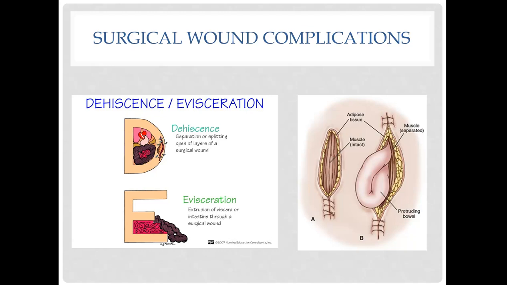On the picture on the right side, you see A, this is dehiscence. With dehiscence, the muscle is still intact, but these other layers have come open. Evisceration is the same kind of concept, but the muscle is separated as well, and this causes the internal organs or intestines to be outside of the wound.